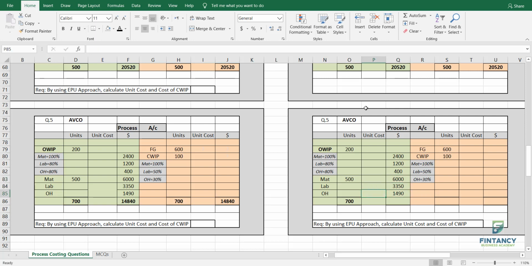I hope it's clear with everyone. Okay. So moving on, let us calculate the total of this column, which is 14840. Right, everyone? Very nice.